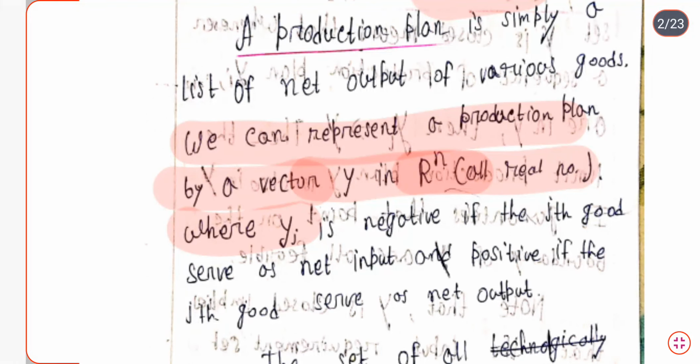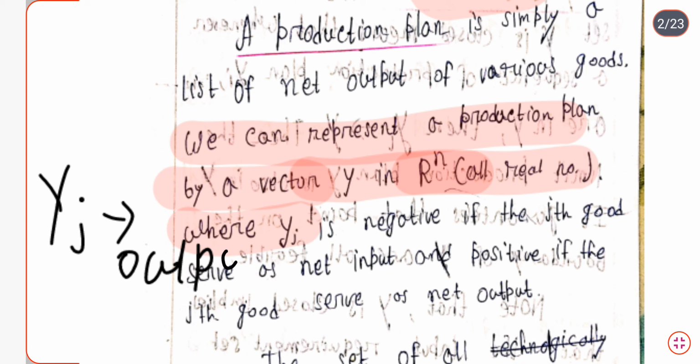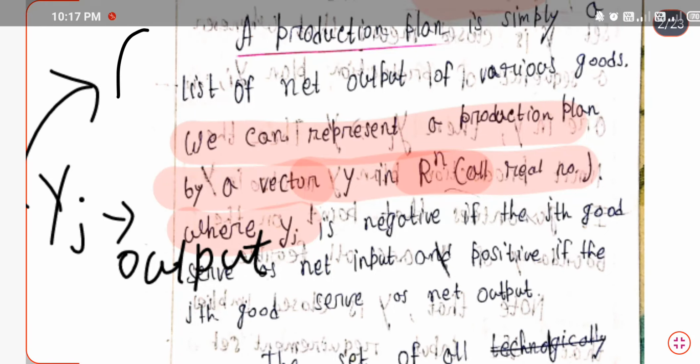If the jth good serves as output, it will be sold in the market, and the rupees the farmer has obtained by selling this output will either go back to the farm again or not.